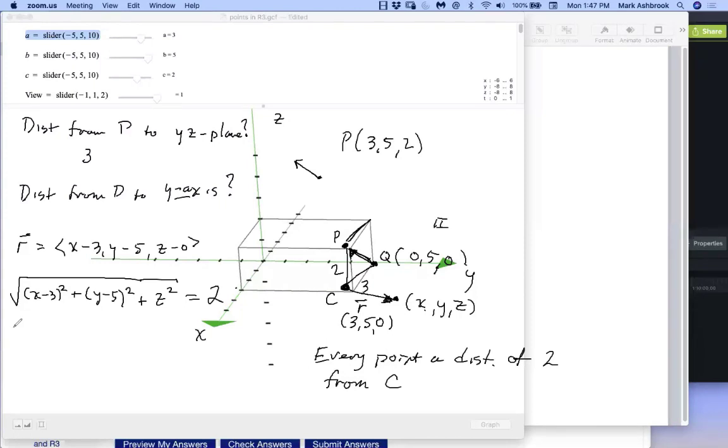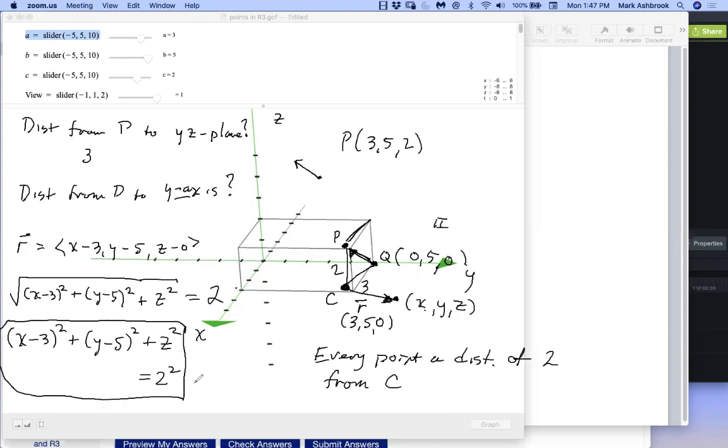If I get rid of the square root by squaring both sides, it's the same equation. This equation represents all points 2 away from 3, 5, 0. And what are all points the same distance away from a point in space? A sphere. Someone said earlier, a sphere. And so this sphere has center C, 3, 5, 0, and radius 2.